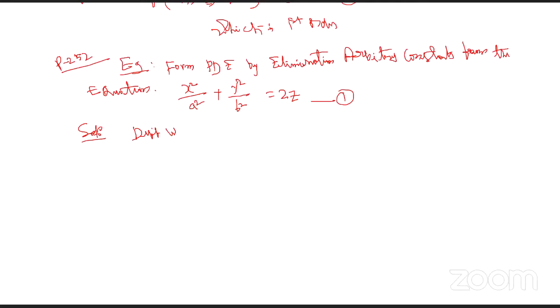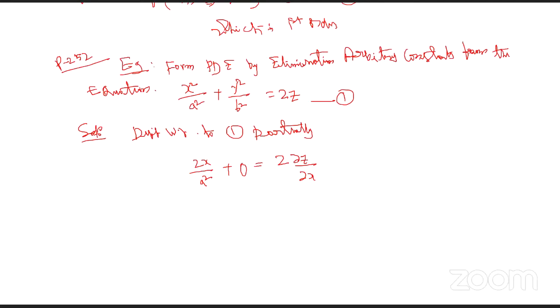With respect to x: 2x by a square plus, treating y as constant, 0, equal to 2 dou z by dou x.